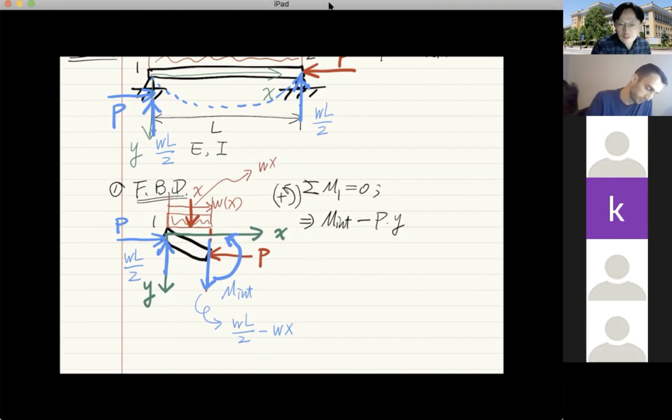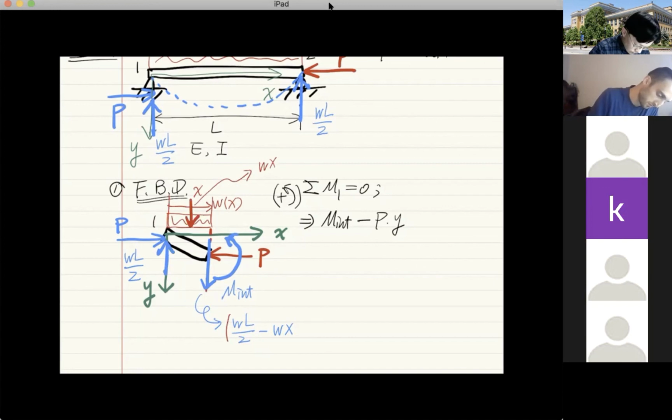So if you consider the vertical forces, then you achieve the summation of Fy to be 0, because Wx plus WL over 2 minus Wx equals WL over 2. So that's all we make sure. That's why we know this value must be something like this.